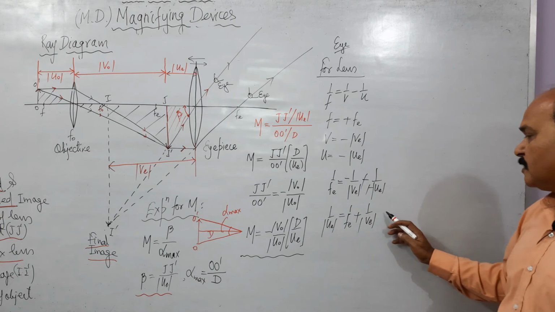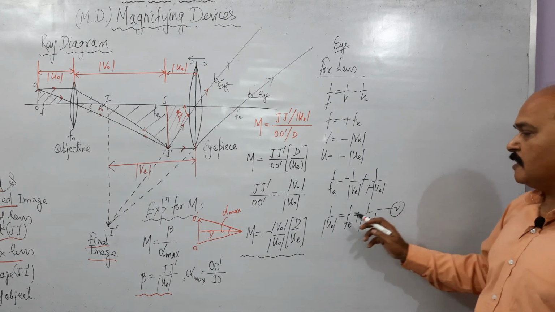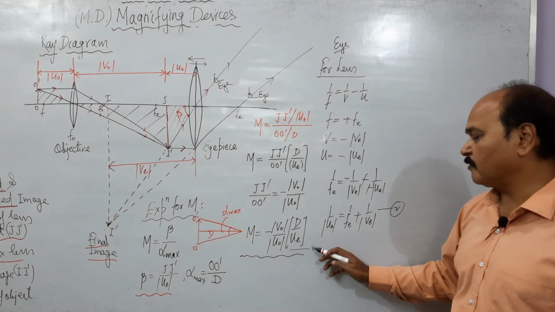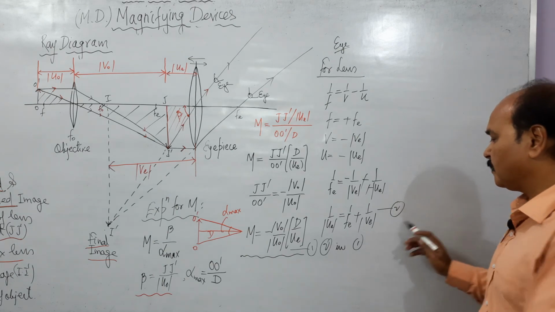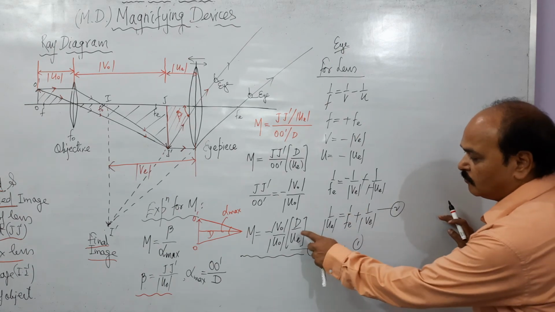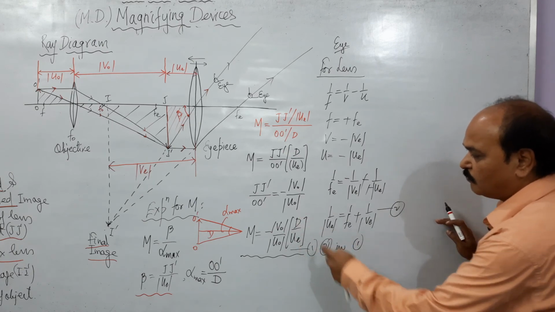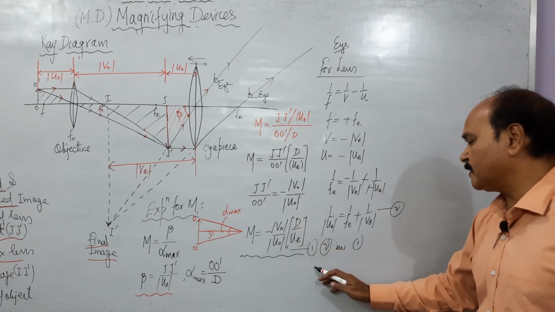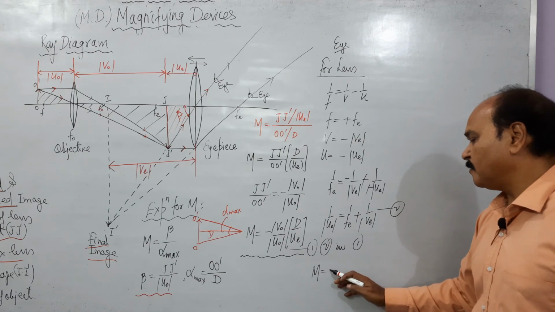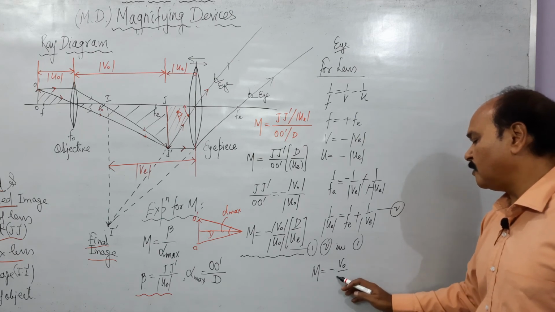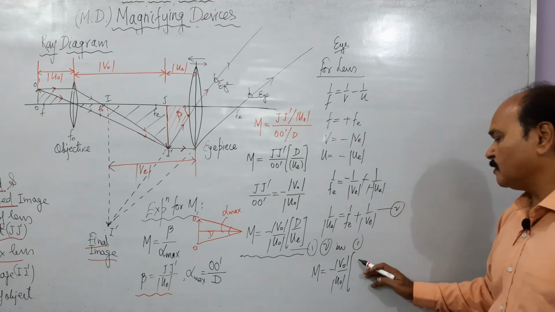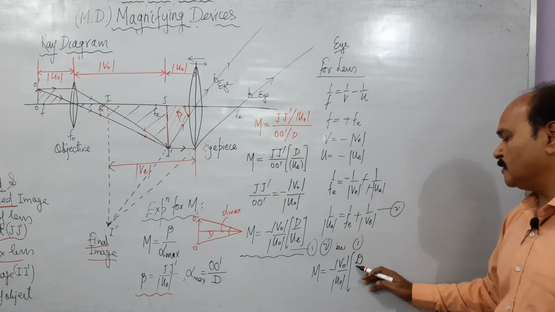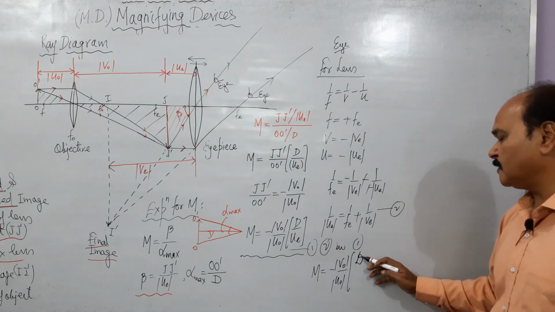Say this is equation number 2 and this is equation number 1, we have already found out. So if we substitute 2 in 1, here 1 upon ue is substituted. What do we get M as? We get M as minus V naught upon U naught, and then we have D upon ue.